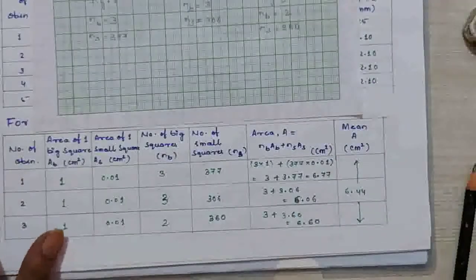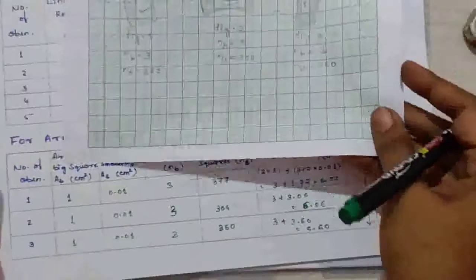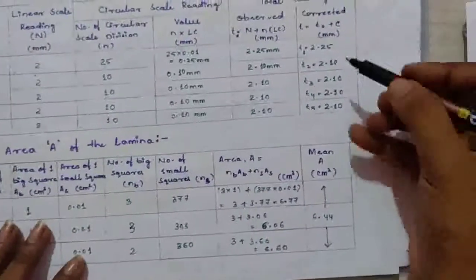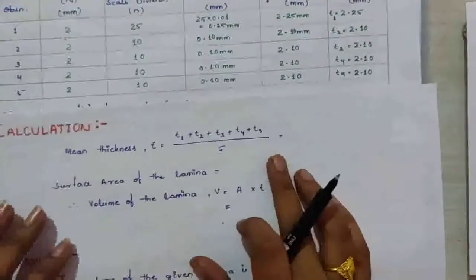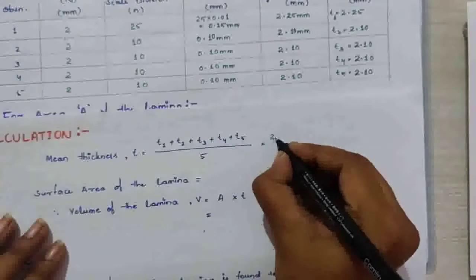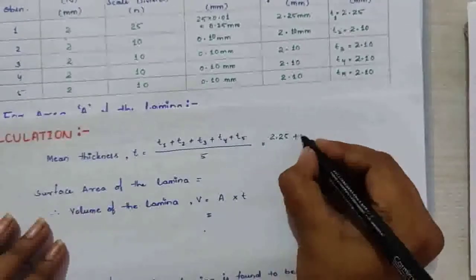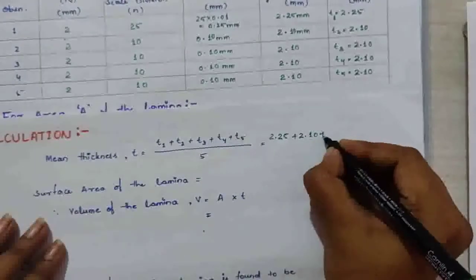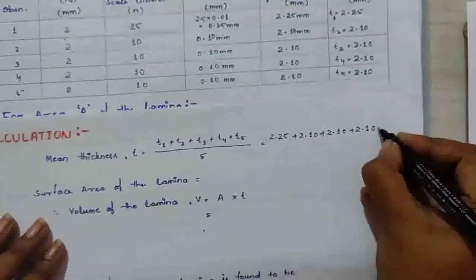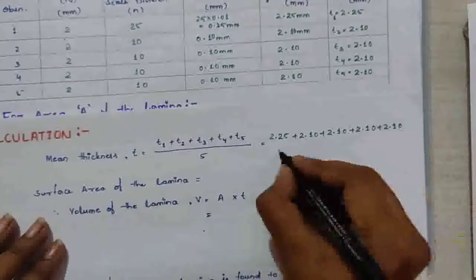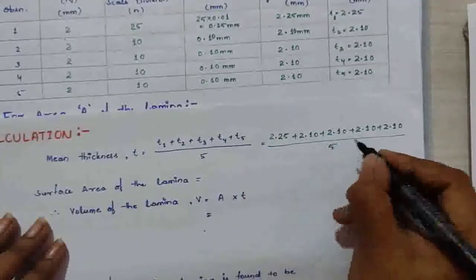Now we will go for the calculation, and remember one thing, here we haven't calculated the mean. So first in the result part we will calculate the mean thickness, so that is equal to 2.25 plus 2.10 plus 2.10 plus 2.10 plus 2.10 divided by 5.